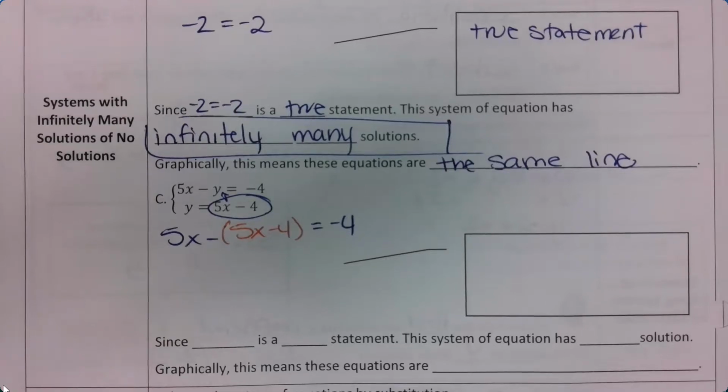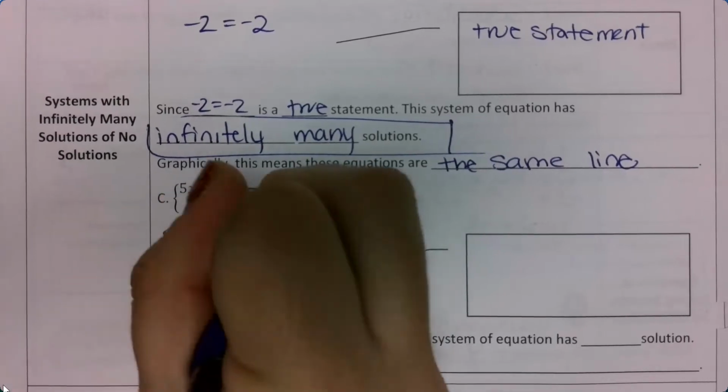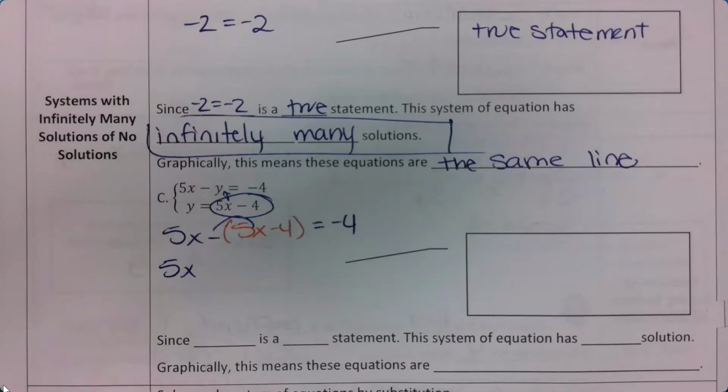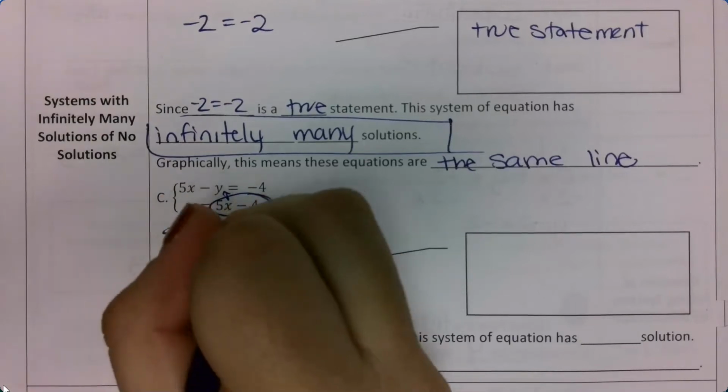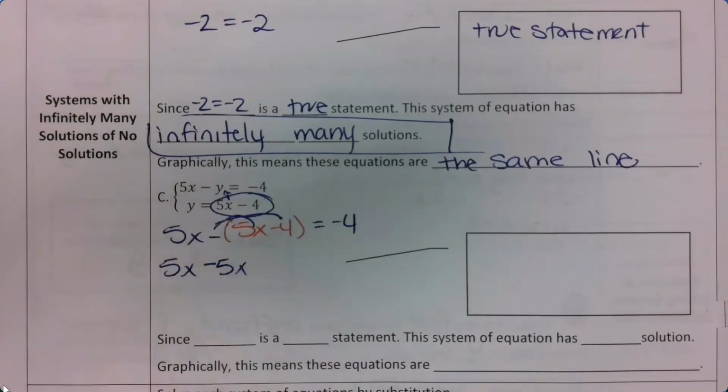Okay. Then what? Distribute. So negative times 5x is negative 5x. Negative times negative 4.